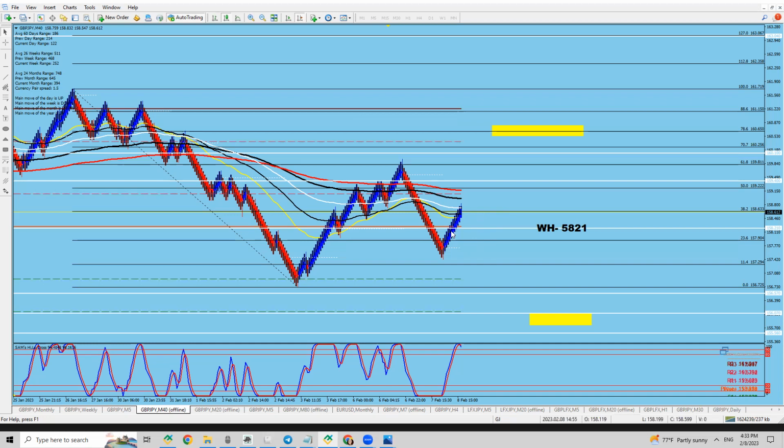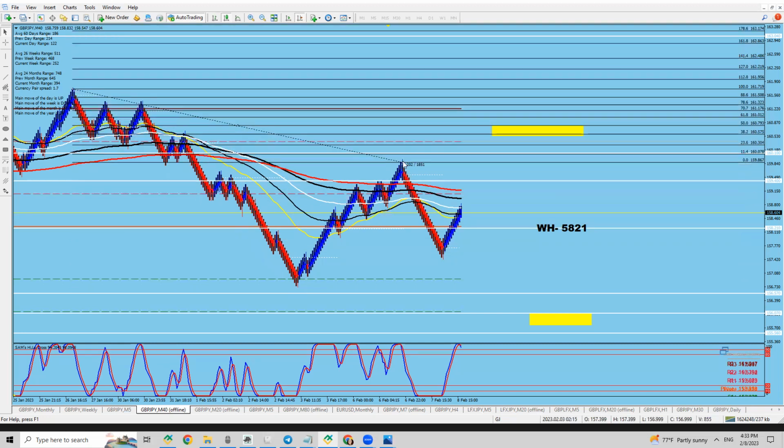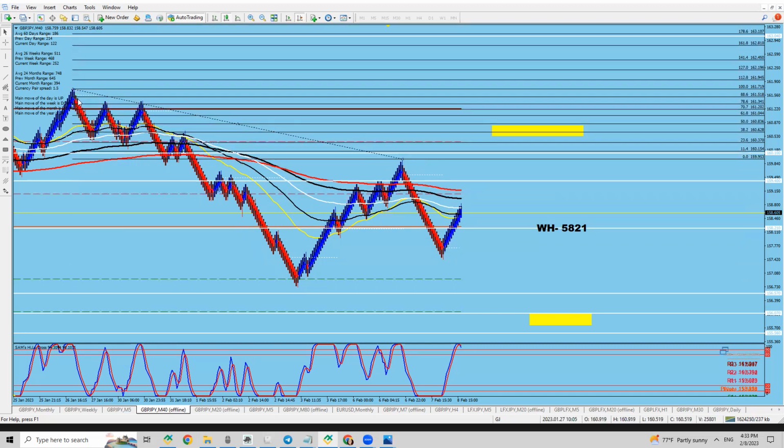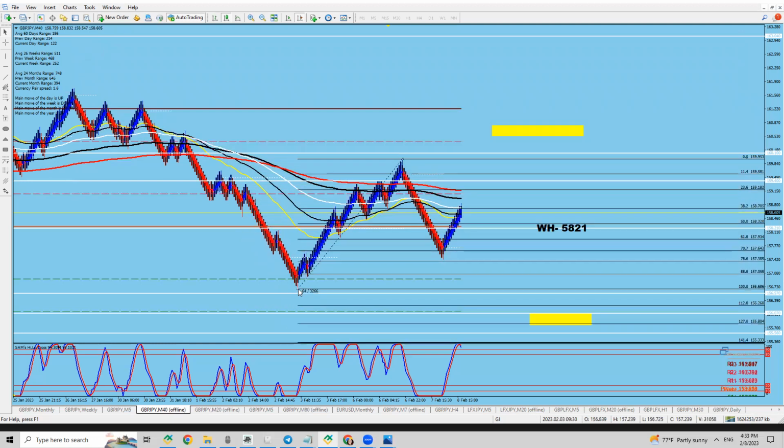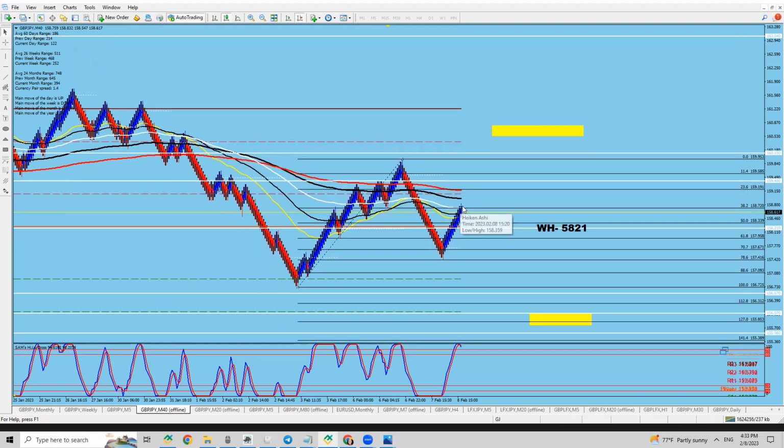Now, this pair has already done point C. In this case, if you pull the fib from here to here, it is going for point D here. If you look at it this way, then X, A, B, C are done.